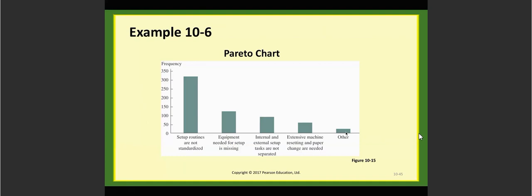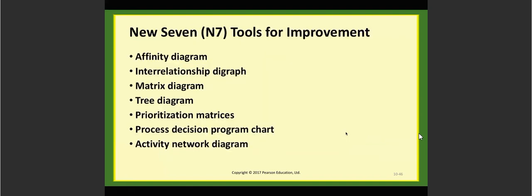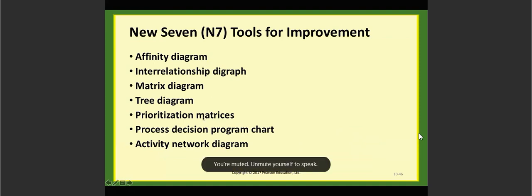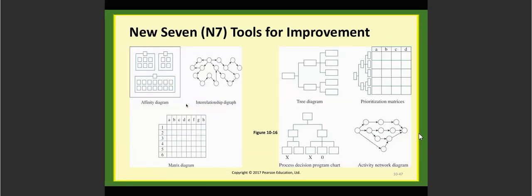Okay, I'm not going to touch the new tools, but at least it's good that you have a look at them. Maybe in the company that you might be working for, sometimes they use the affinity diagram, right? Sometimes they use the tree diagram. Okay, let's have a look. See how this looks.